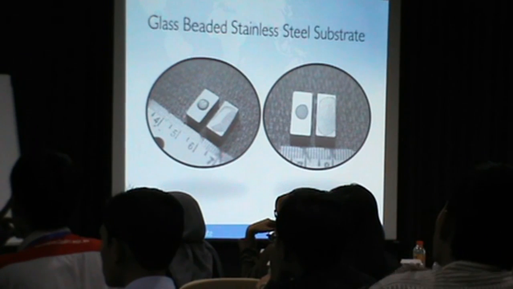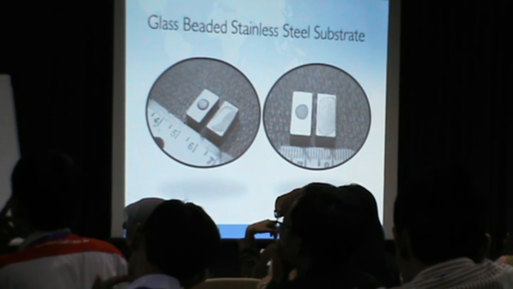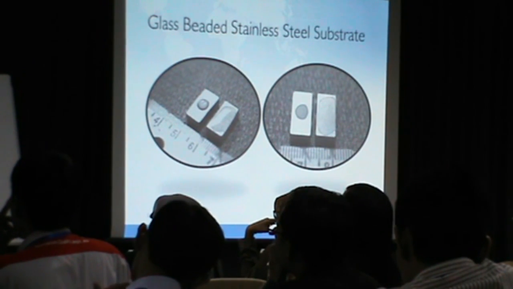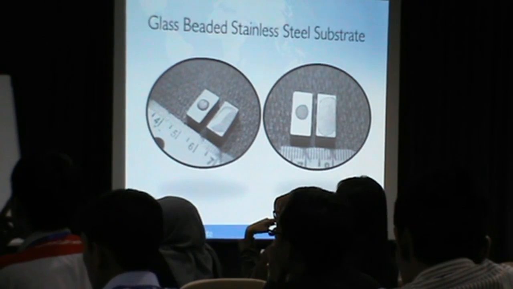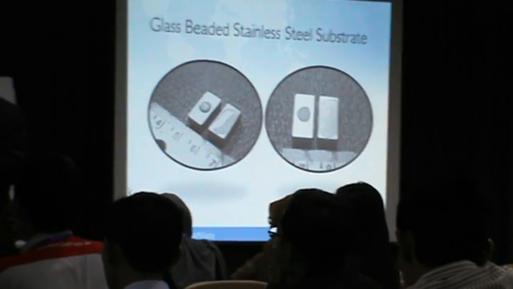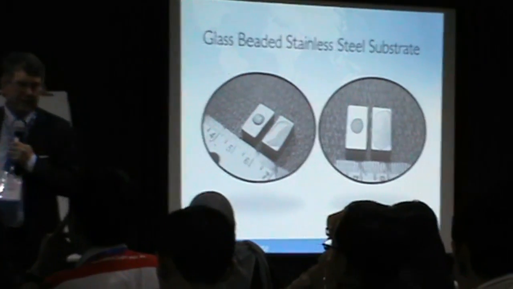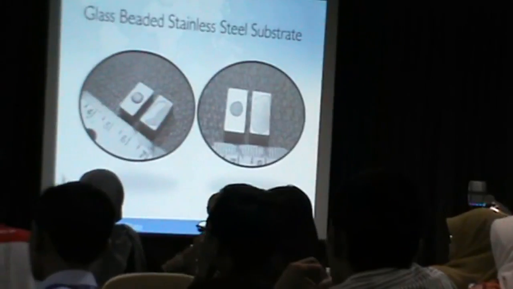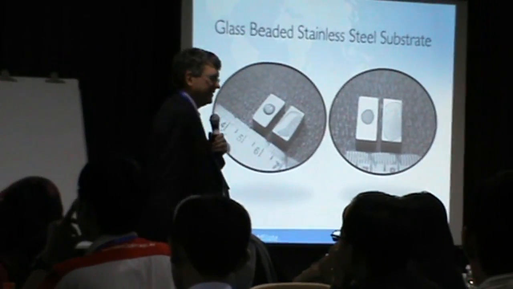So you need to use a solvent that has a lower surface tension in order to create, when it is dry, like a pizza of spores.